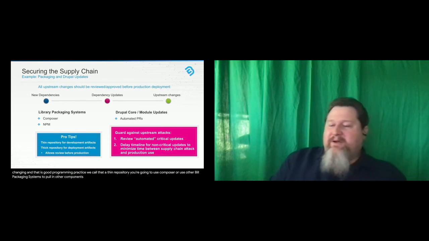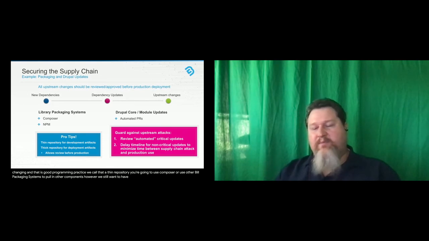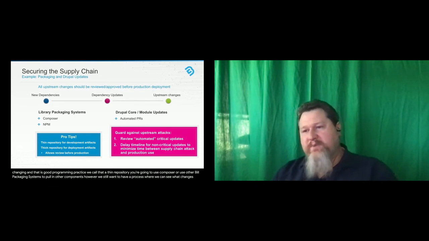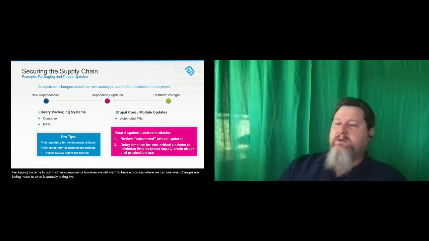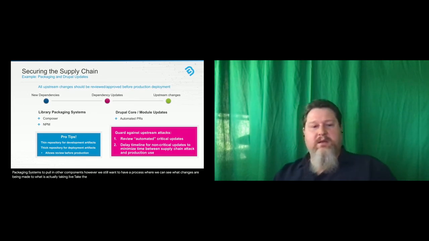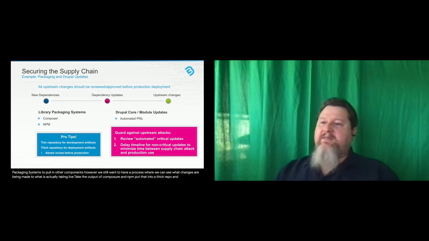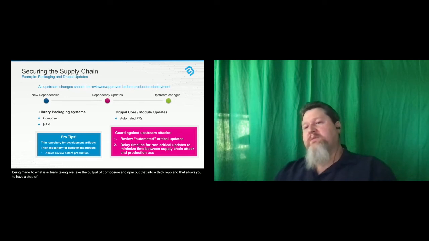However, we still want to have a process where we can see what changes are being made to what is actually taken live. And so what we recommend is take the output of Composer and NPM, put that into a thick repo, and that allows you to have a step of reviewing before production.